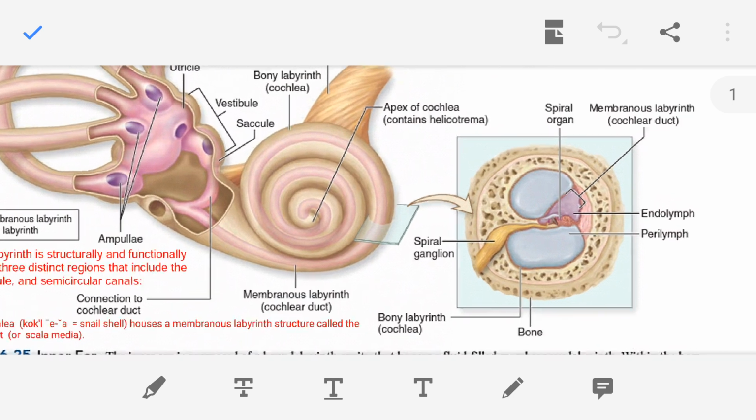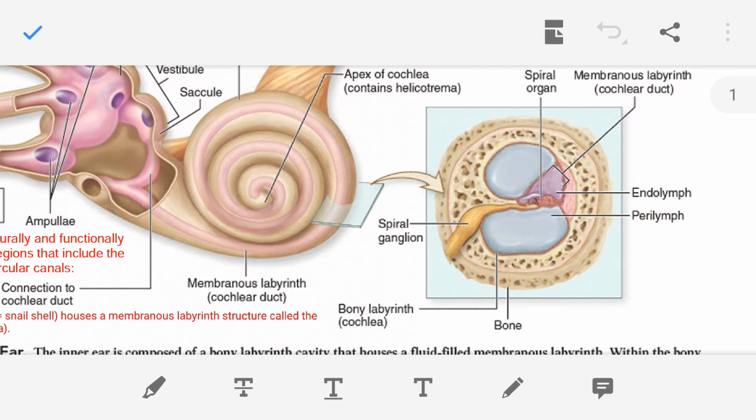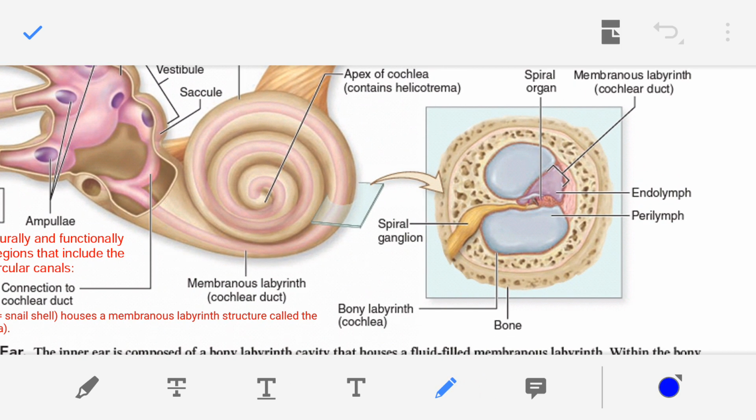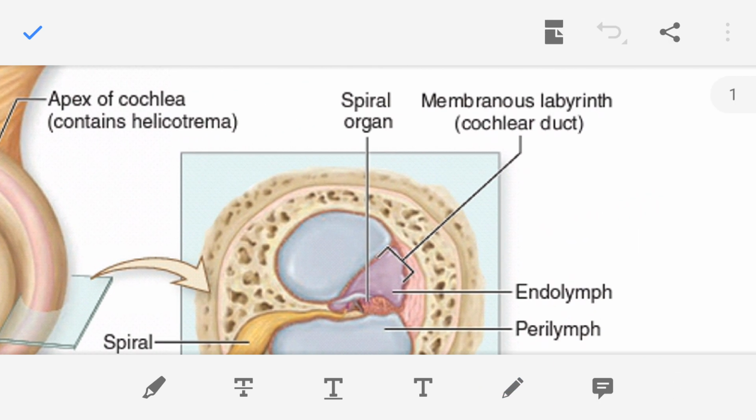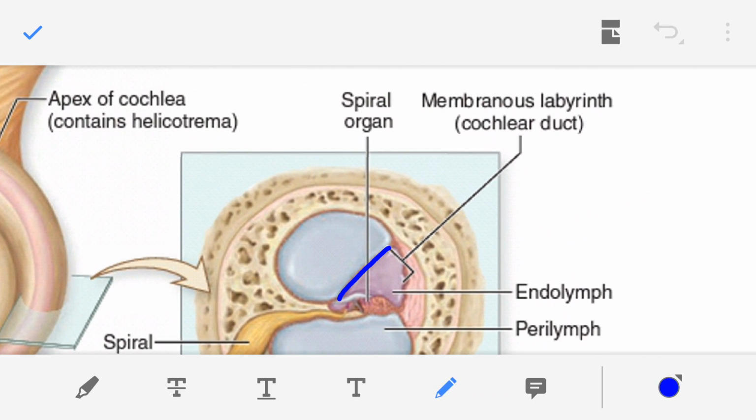So over here in this figure, see, this is the cochlea, a cross section of the cochlea they are showing over here. So this part is the bony labyrinth. Inside, this portion is the membranous labyrinth, and here you can see the name written, endolymph.